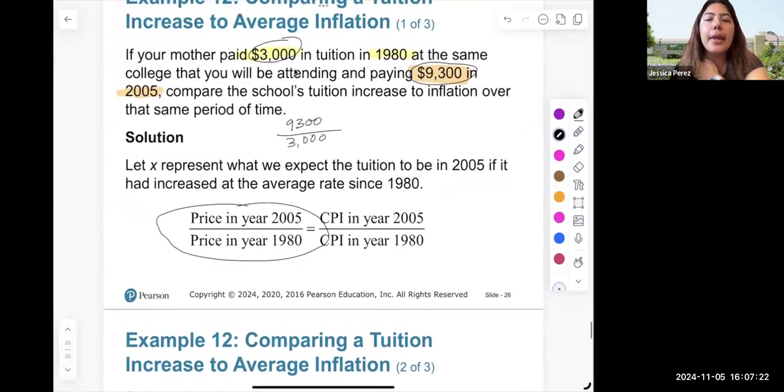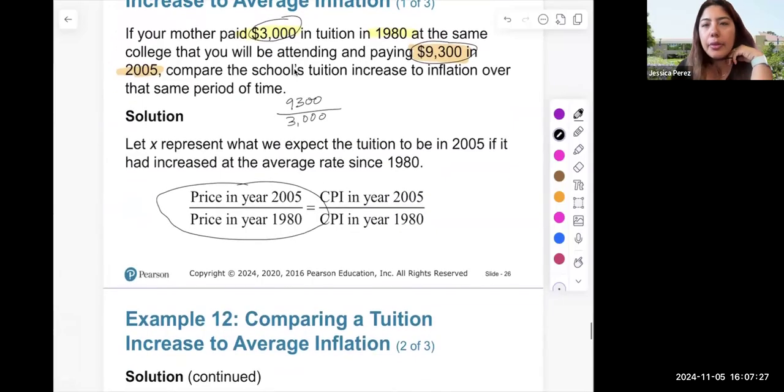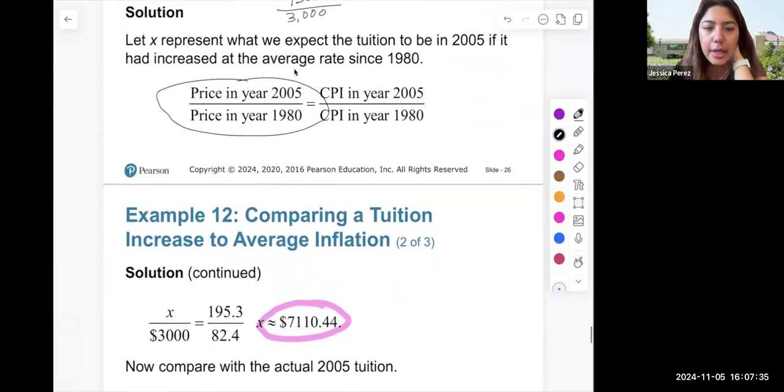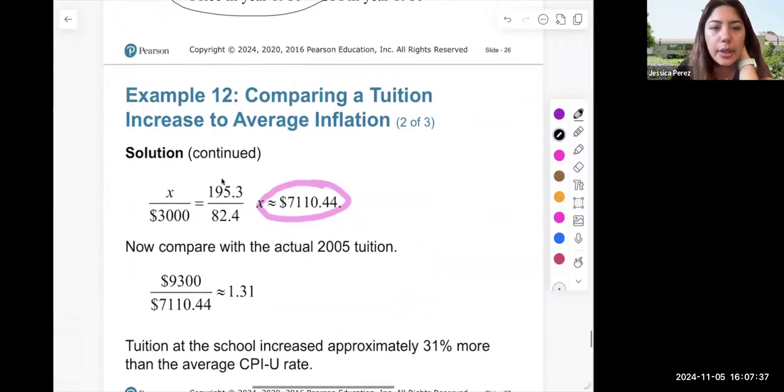The number that they got was actually by dividing the CPI in 2005 by the CPI in 1980. So then we have X over 3,000. We multiply across, and we're going to get that the actual price is 7,100.44.